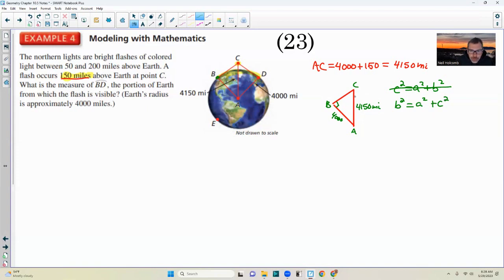Hopefully that doesn't confuse you. AC is our hypotenuse opposite the 90, so it's B squared, the side B. So that is 4,150 squared equals A squared plus, this is C, 4,000 squared.